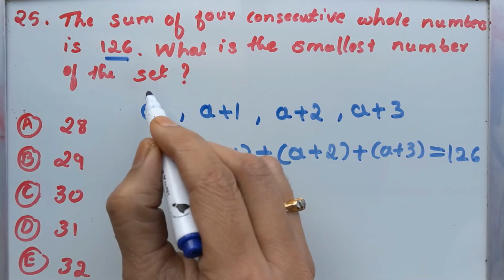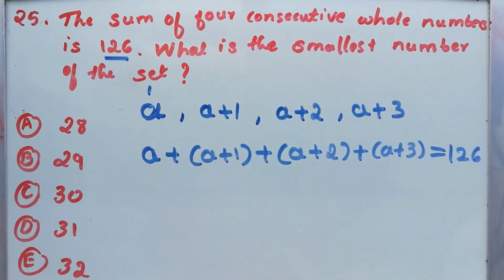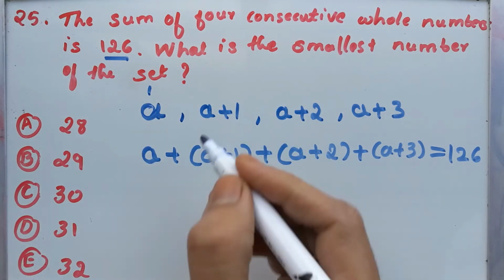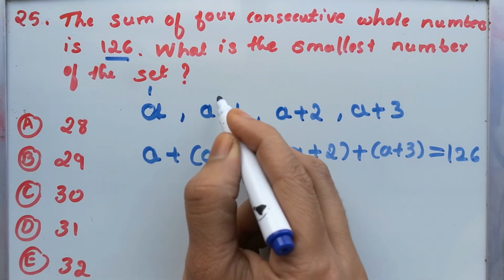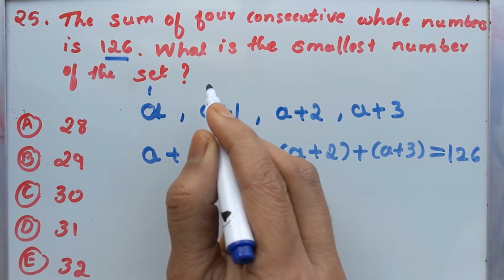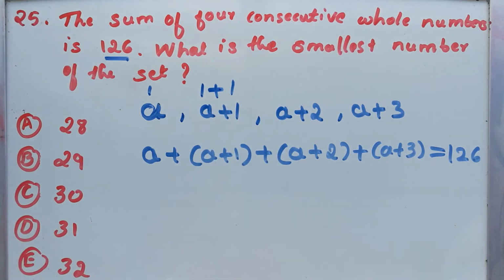So for example, if you take 1 as first number, what are the consecutive numbers? The next immediate number after 1 is 2. 2 can be written as 1 plus 1.